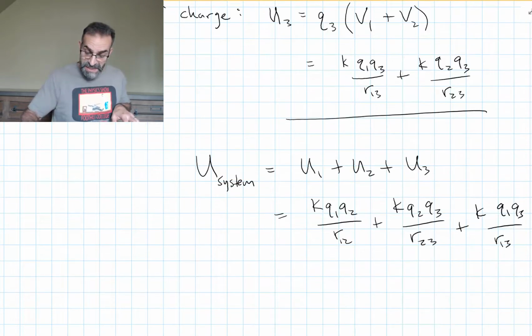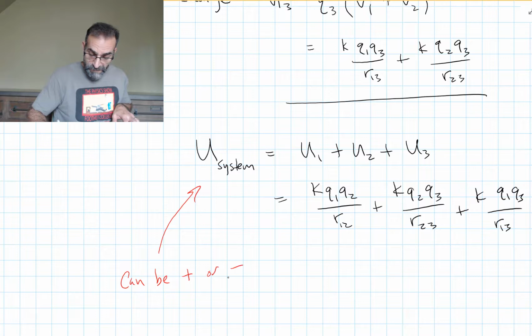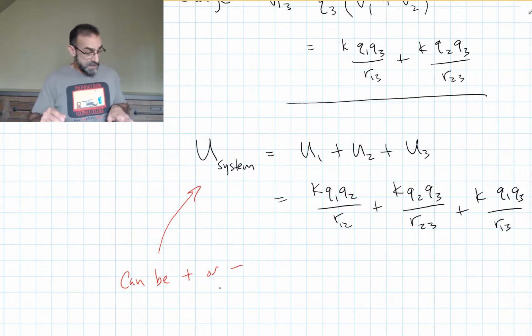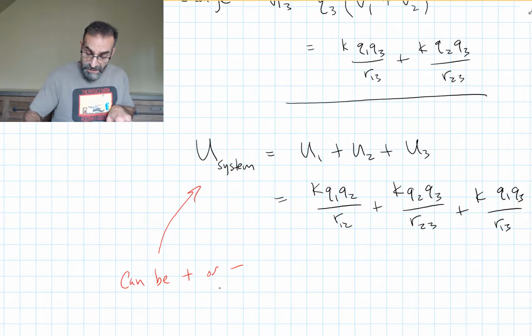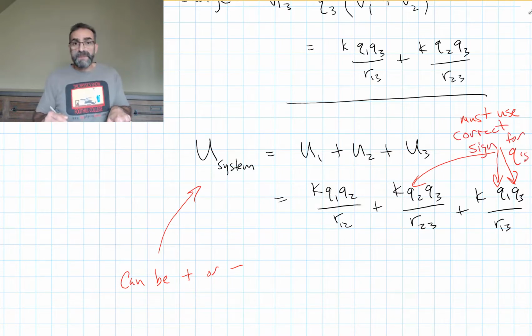And these U's, this is important, can be positive or negative. You must use the correct sign in here for your charges. You must use the correct sign for the Q's.